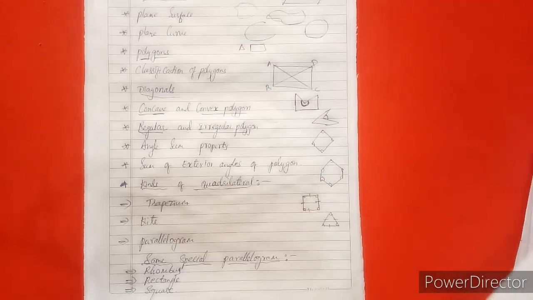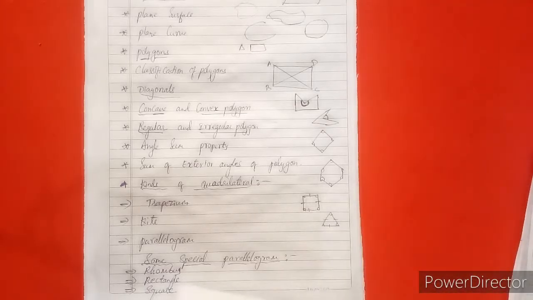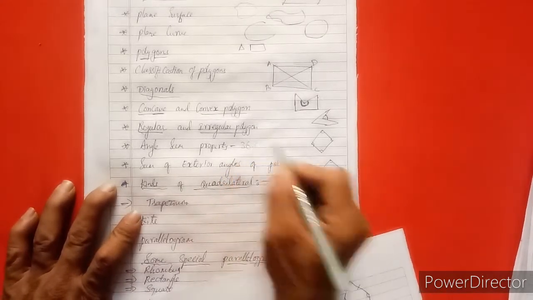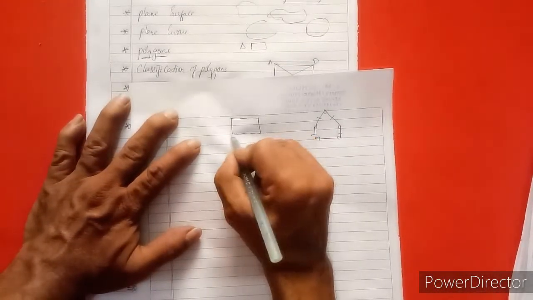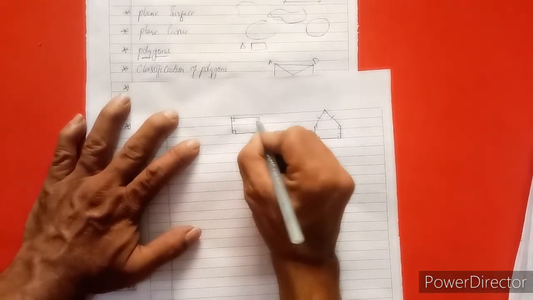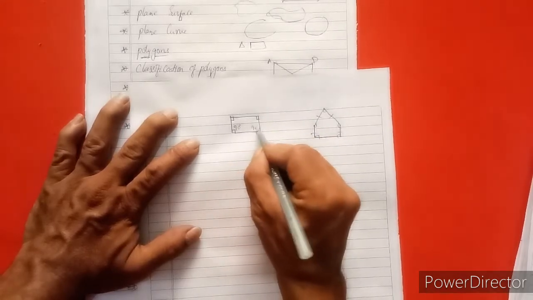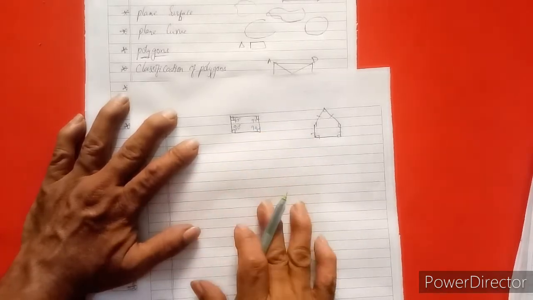And next, I am going to the angle sum property. Angle sum property means the total sum of the angles of a four-sided figure. For example, take a rectangle or square. Remember each angle is 90 degrees. This is a four-sided figure.